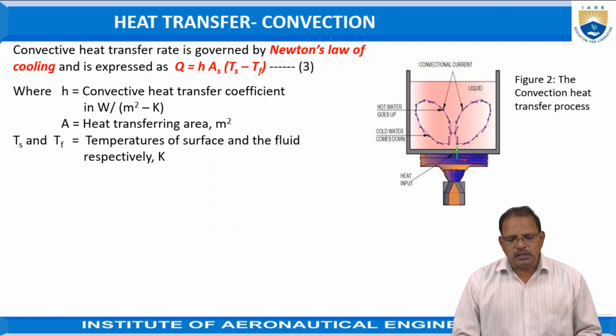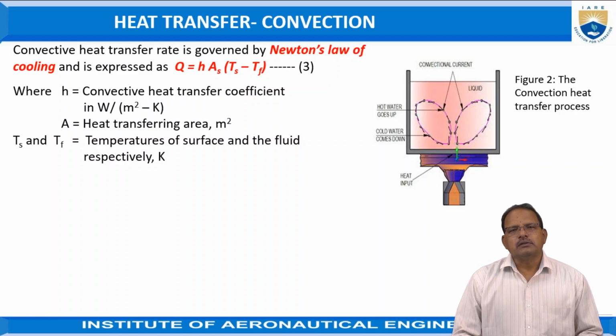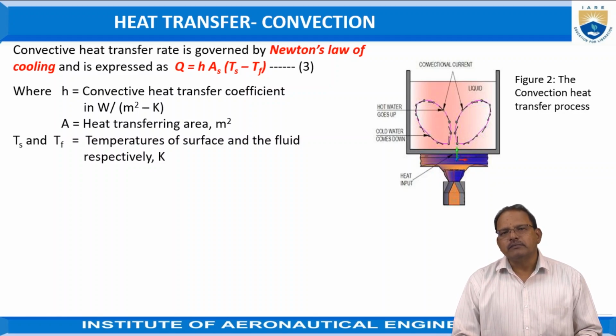Ts is representing the temperature of the solid, that's the higher temperature. Tf is representing the temperature of the fluid, that is the air or fluid. That means in this equation, Ts is nothing but the temperature of the solid which is in contact with the fluid, and Tf is the fluid temperature. These are represented in Kelvin only.